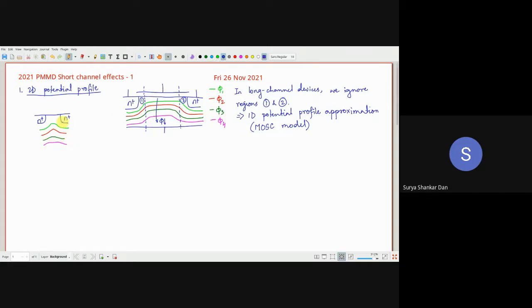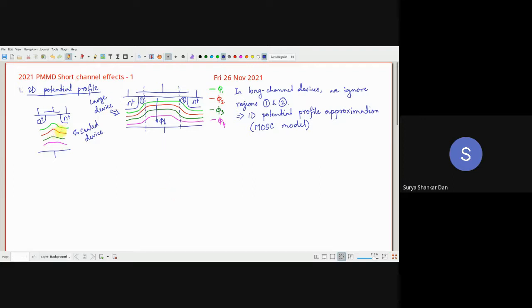Got it? So this is for the scaled device. This is for the large device. Here, by default, devices mean MOSFETs only.